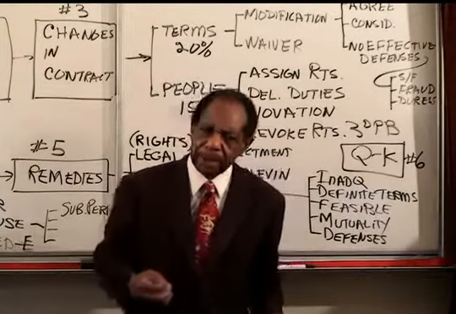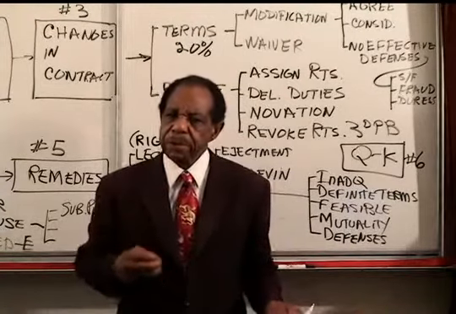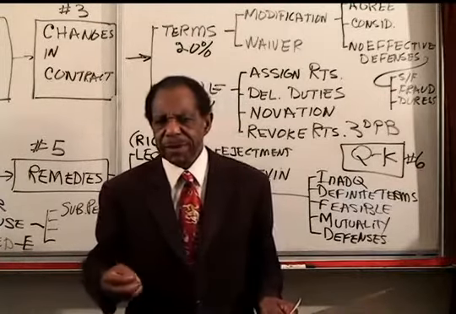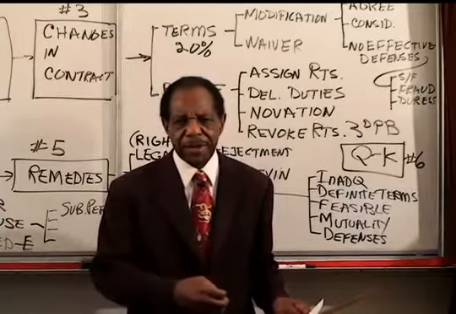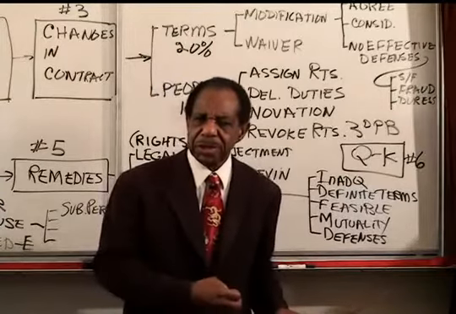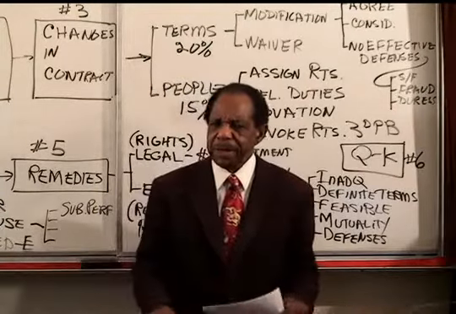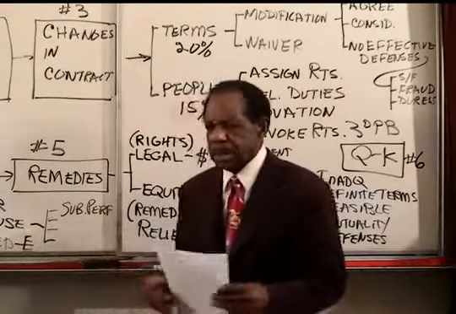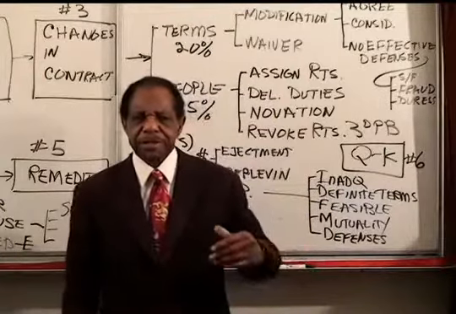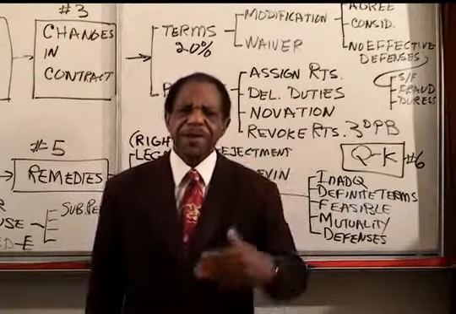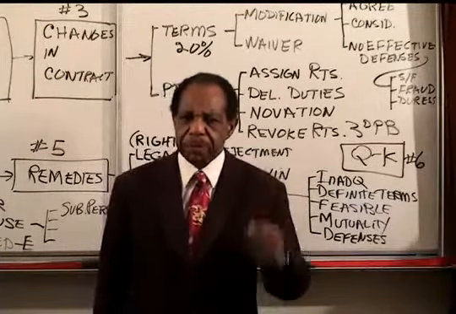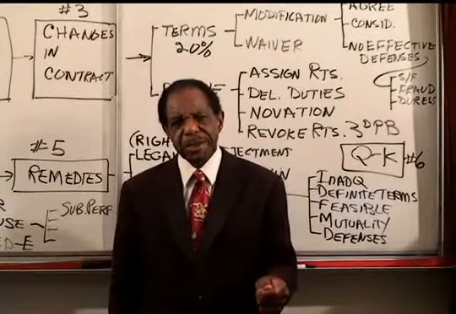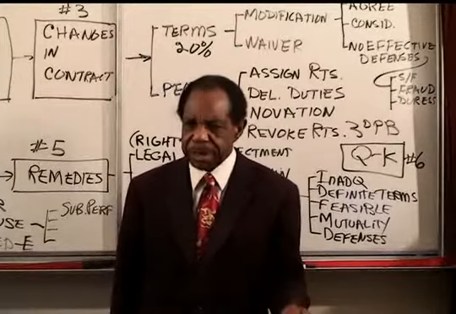Now the question becomes, suppose you have a contract and then the contract gets modified. Does that modification need to be in writing? And the answer is really more a continuation of the first rule. That is to say, if you're going to have a contract for the sale of goods for the price of $500 or more, it needs to be in writing. And it doesn't matter how you got there.